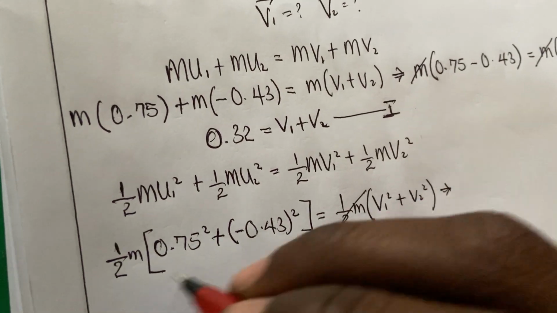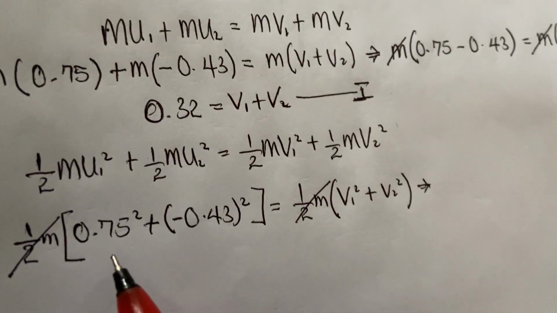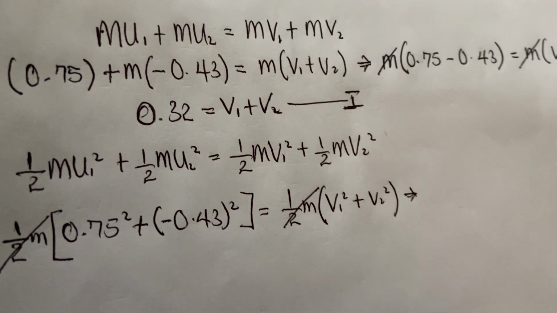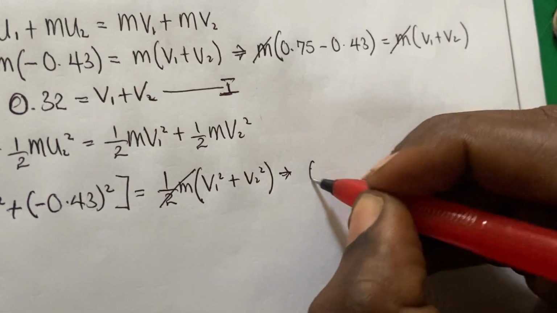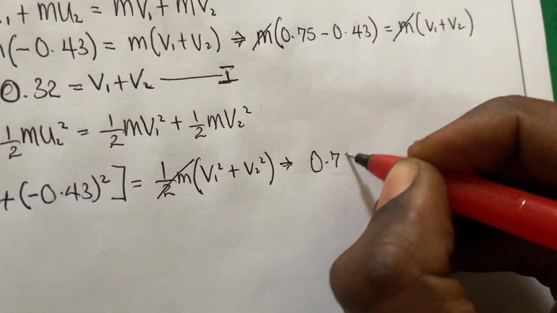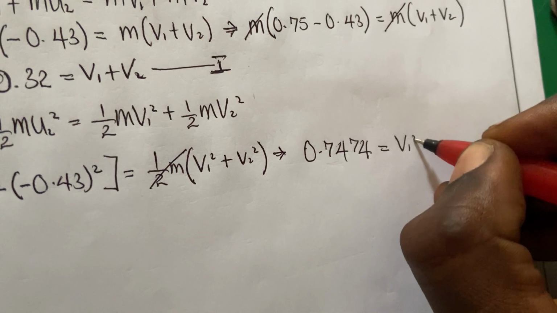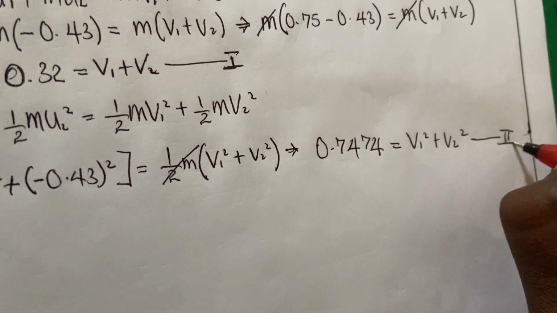So this we cancel. The simplification of this, after squaring it and adding it, should give us 0.7474 equals v1 square plus v2 square. I'll tag this equation 2.